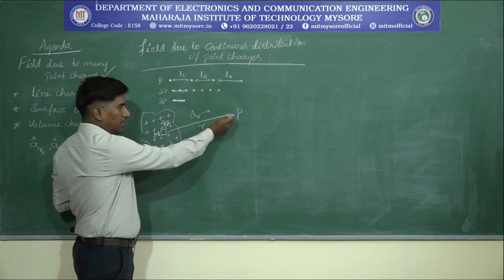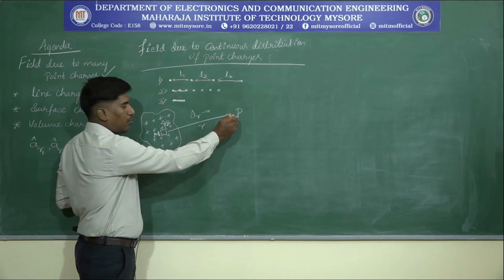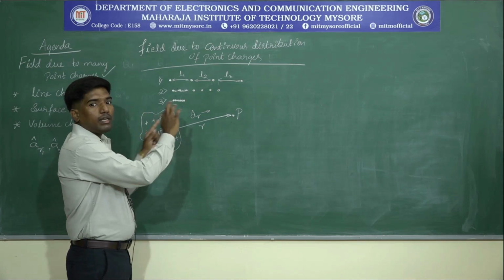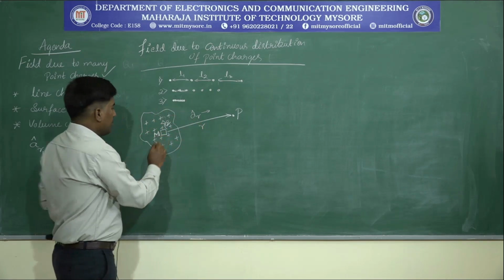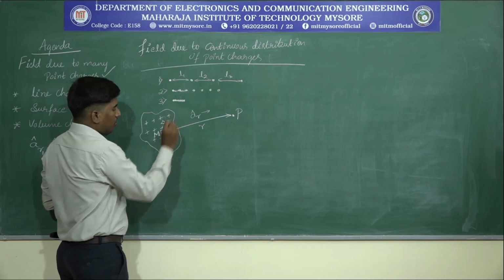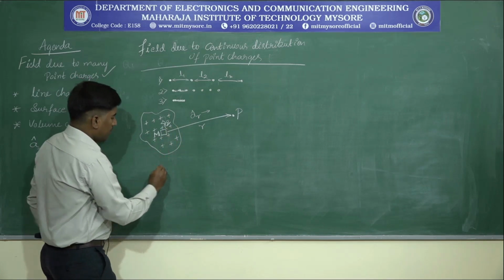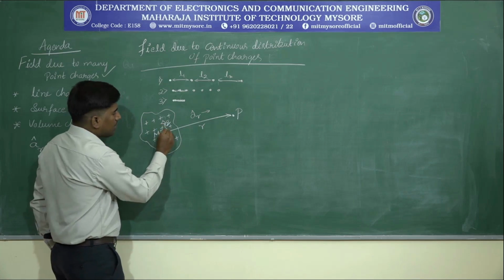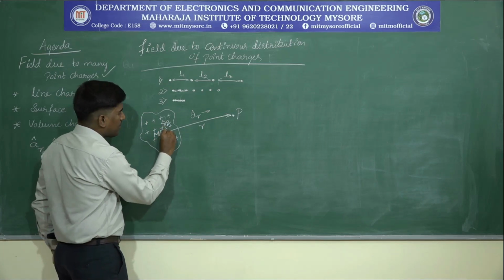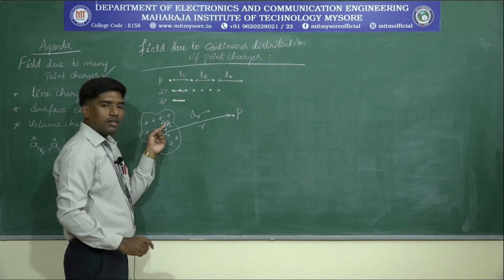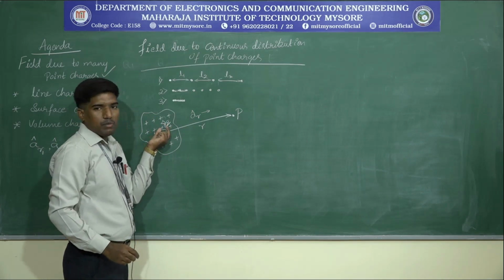So the resultant electric field intensity at point P due to the infinite number of point charges is to be calculated. In order to do so, we have to use the same equation again, right? Under that circumstance, the charge at this particular differential area is delta Q, because a very small charge has been considered.